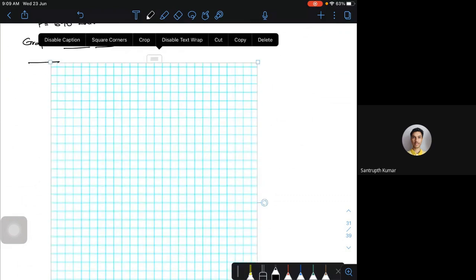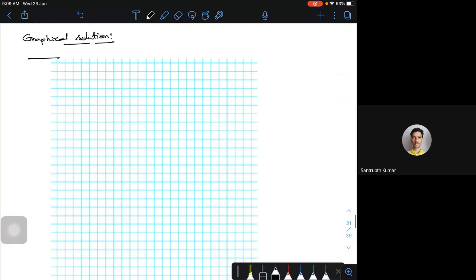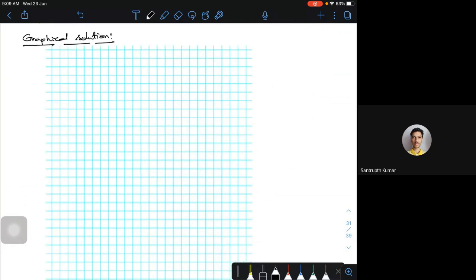Let's take 10 millimeter equal to 50 meters per second, or if you want, you can take 1 centimeter equal to 50 meters per second.